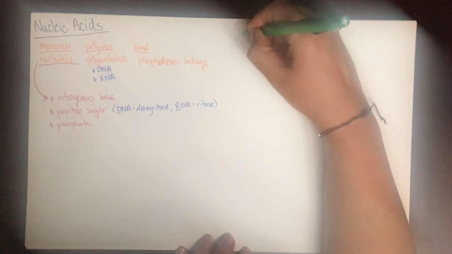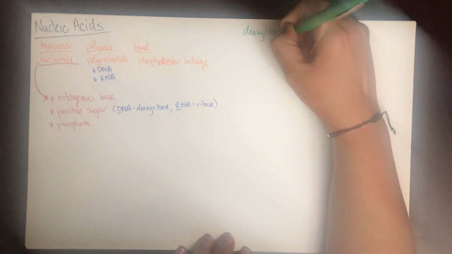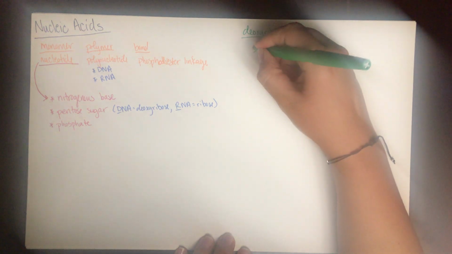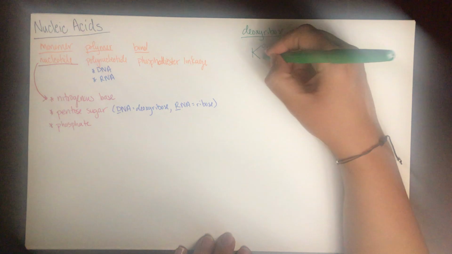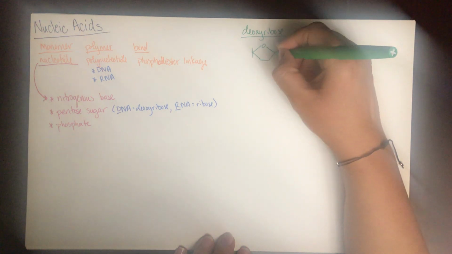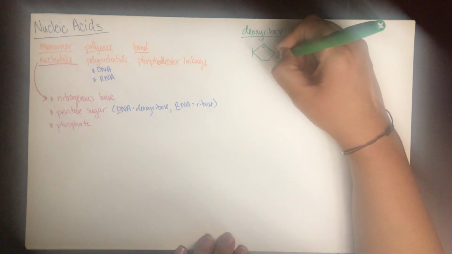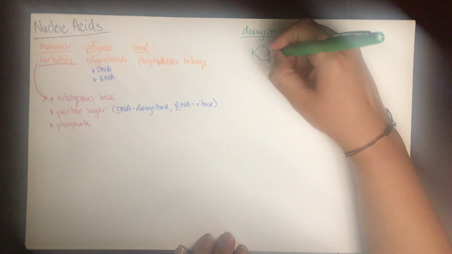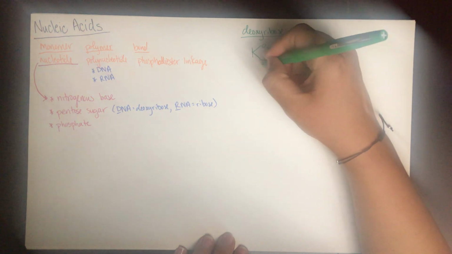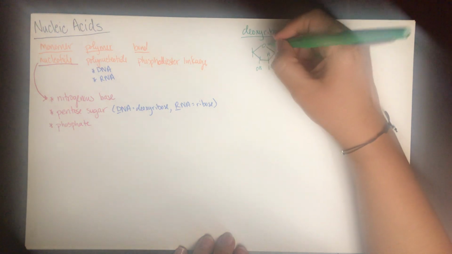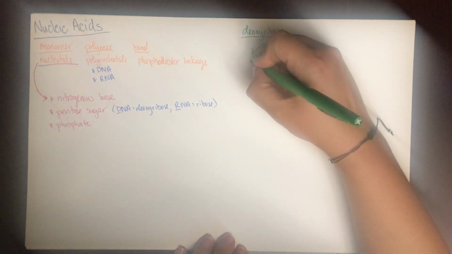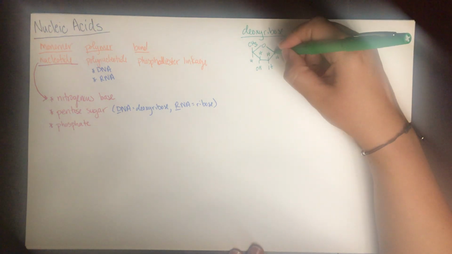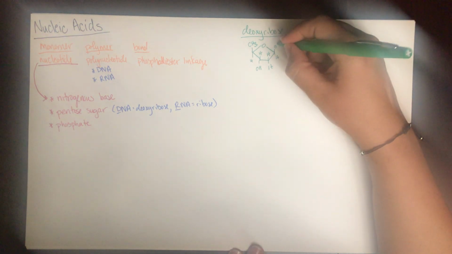So here's deoxyribose. And here would be a hydroxyl.